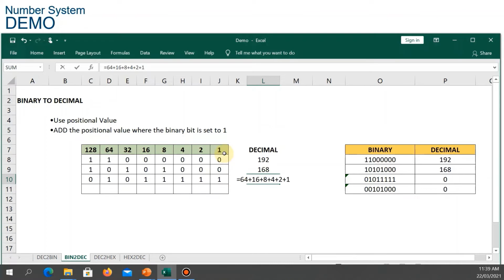Therefore, this binary number 01011111 is equal to 95.